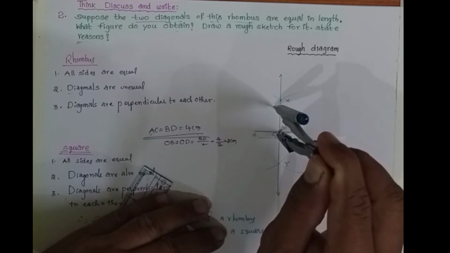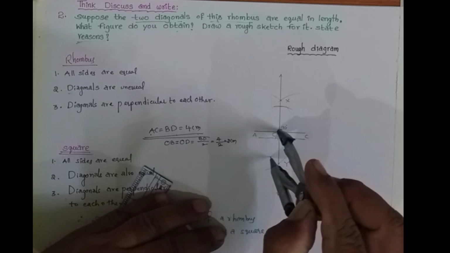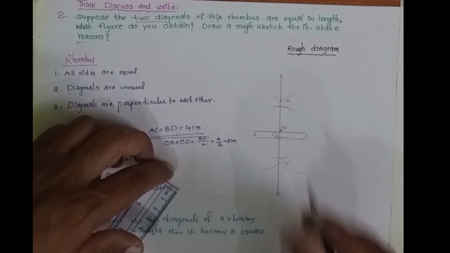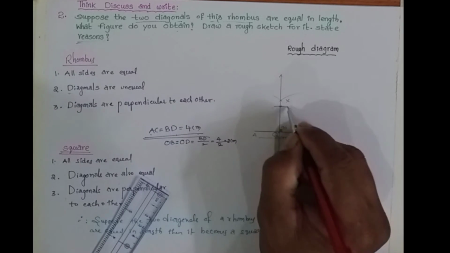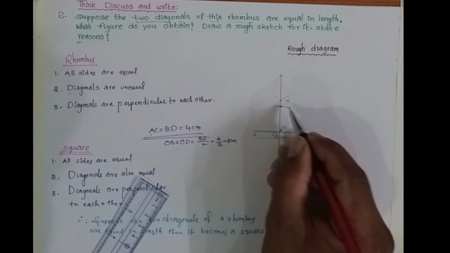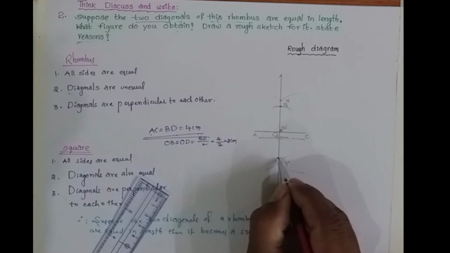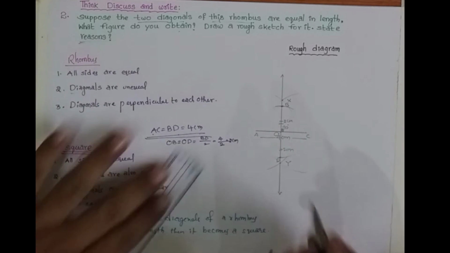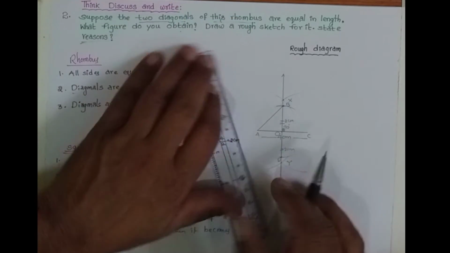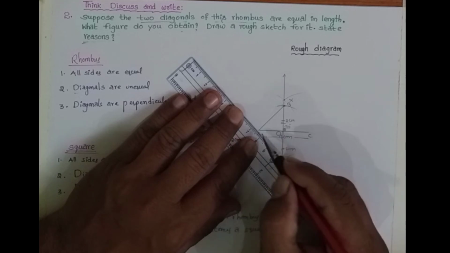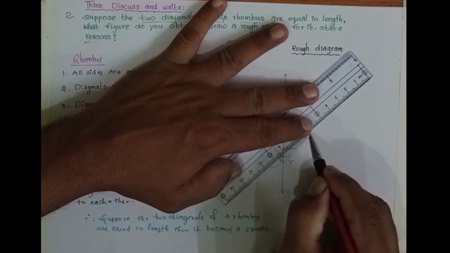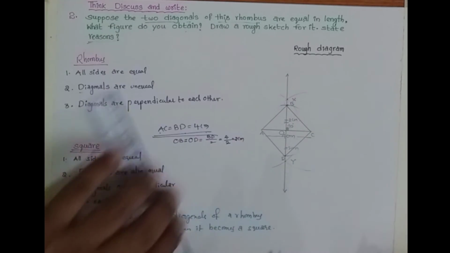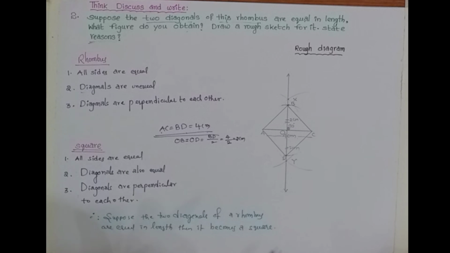Taking O as center, draw two arcs on either side of the line segment AC, and denote the points of intersection of the arcs and line segment XY as B and D, where OB equals 2 centimeter and OD equals 2 centimeter. Join AB, AD, CD, CB. So ABCD is the required square.